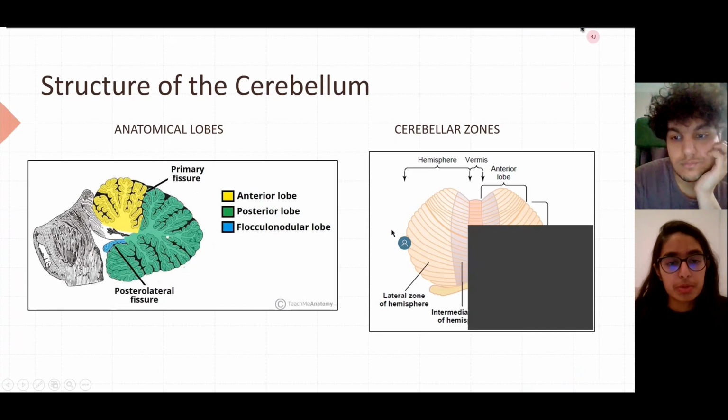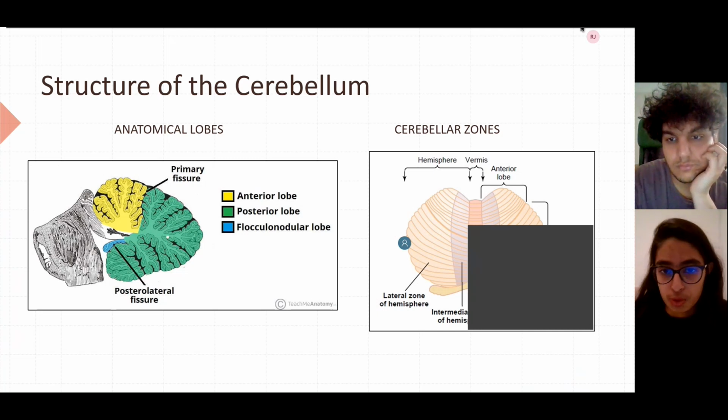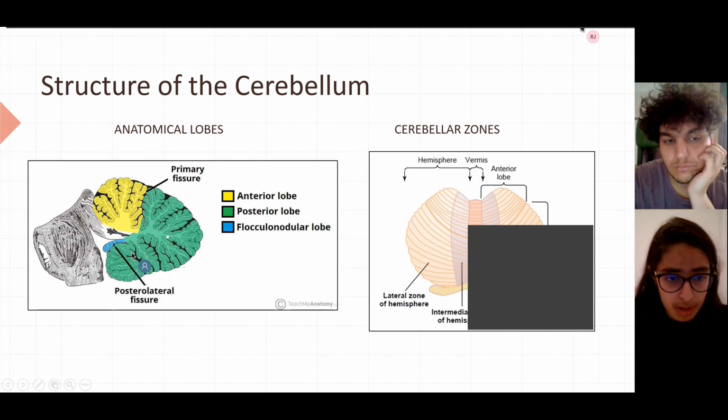Okay, so to begin with the structure of the cerebellum, we can divide it into three lobes as well as zones. So the lobes we have are an anterior lobe, which you can see in yellow over here. We have a large posterior lobe, and we have a small, tiny flocculonodular lobe, which is seen in blue over here.